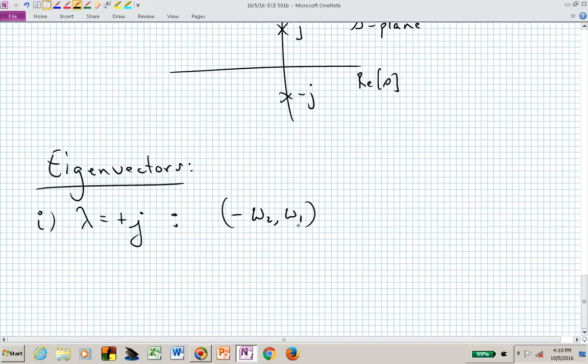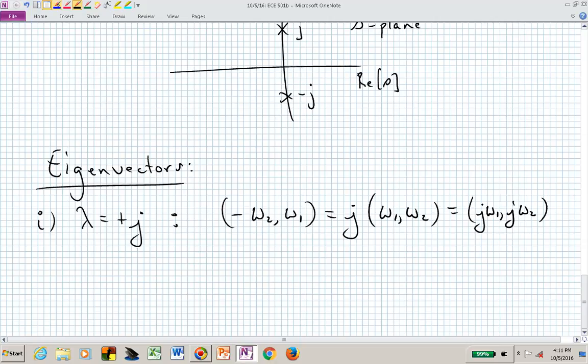That was the output of the linear map on a vector w1, w2, and that was supposed to equal lambda times the vector that we started with, which was w1, w2, or if we push that j into the vector, now we have j omega 1 and j omega 2, and what's on the right needs to be the same as what's on the left.